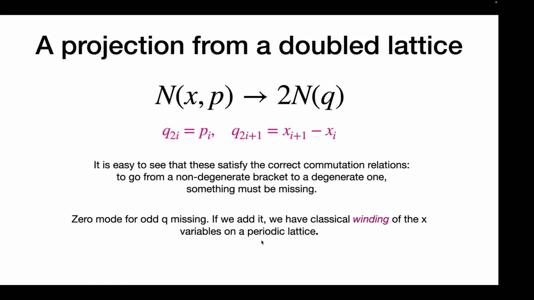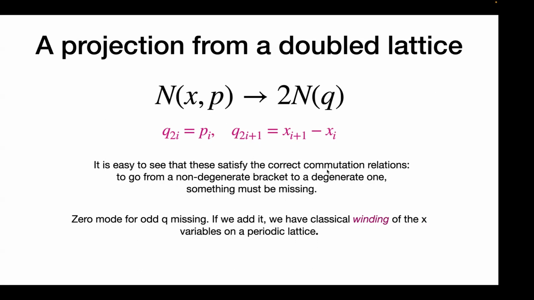So the zero mode for q, if you add it, for the odd q, is like adding classical winding to the variables of the periodic lattice. So the claim is that the system adds a new variable, which is kind of the central element, roughly speaking, which tells you that the Q2I plus 1 become unconstrained under this commutator algebra, so that the sum of the Q odd is not 0.